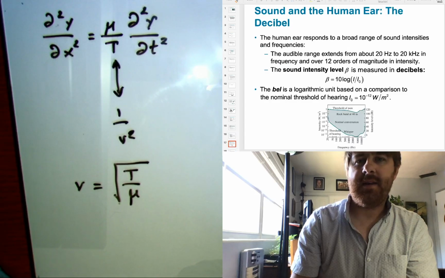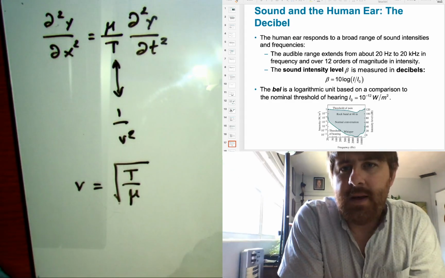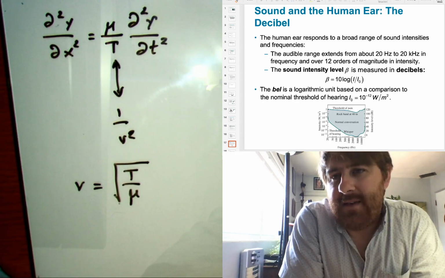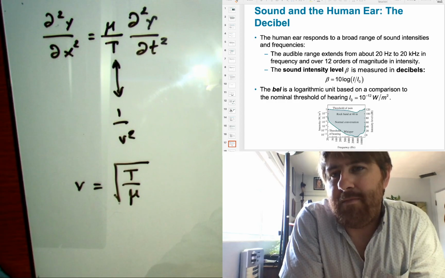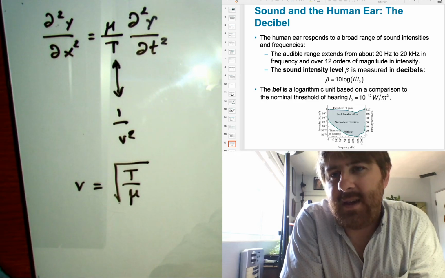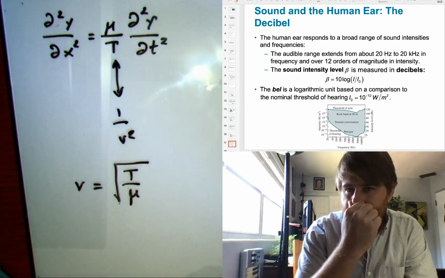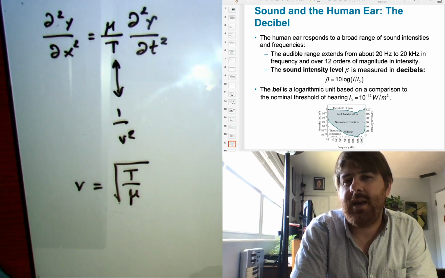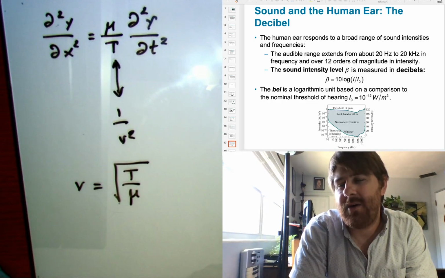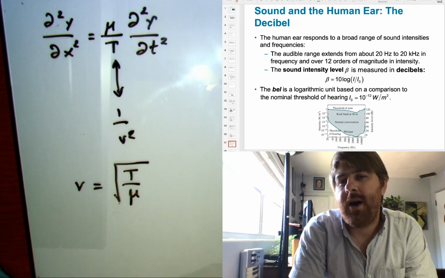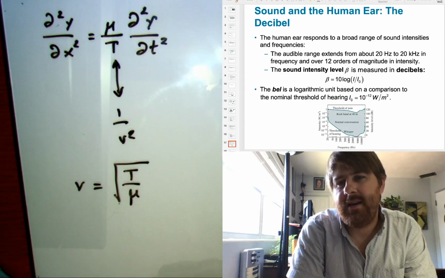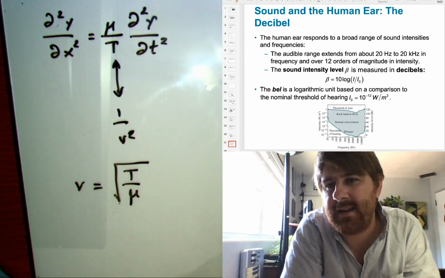Okay, let's talk about the decibel level. Sound intensity level measured in decibels, we'll call that beta, is not the intensity that you hear or experience in watts per square meter. That's what we'll call I. Because we experience sound over such a wide range of intensities, orders of magnitude, we like to put them on a scale that covers just a few hundred instead of many orders of magnitude.